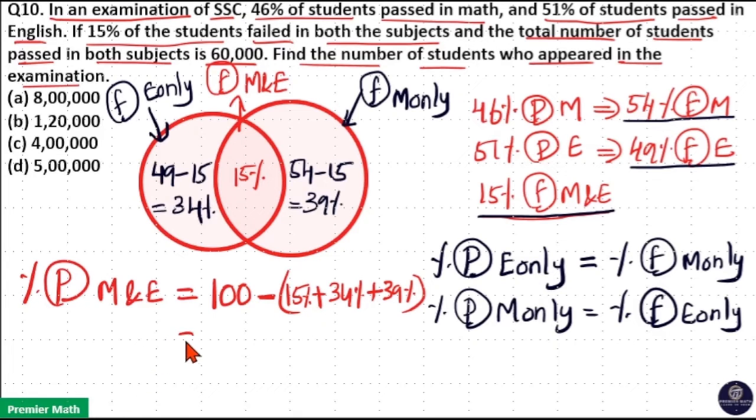Which is equal to 100 minus 34 plus 39 is 73, 73 plus 15 is 88, which is equal to 12%. So this 12% is equal to the number of students who passed in both the subjects, that is 60,000.